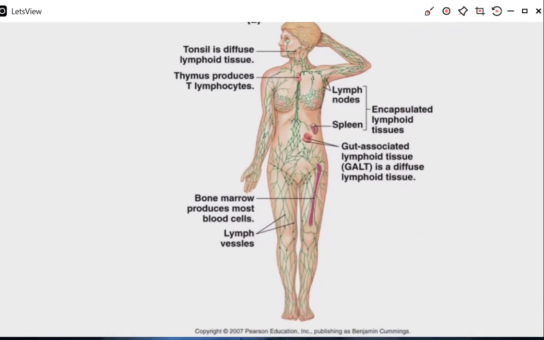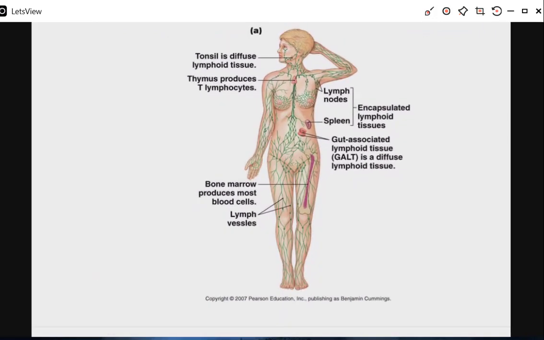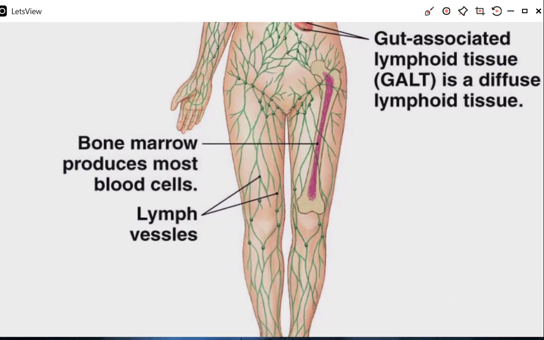So if we take a look at the lymphatic system, you can see it really is a network of vessels, not terribly dissimilar to the network of blood vessels. It's different for sure, but it runs all over the body. And so when you take a look at a lymph vessel, you can envision that lymph, and that's what the fluid is called there, is going to move through these lymph vessels and then eventually hit these nodes.